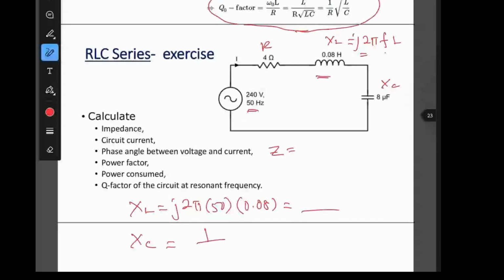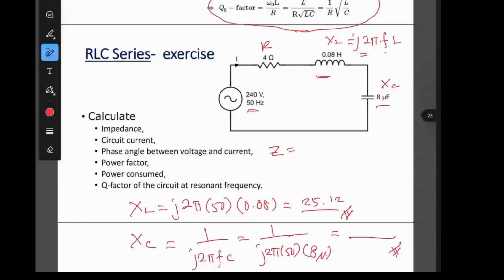So XC is equal to 1 over J 2 pi FC, which is equal to 1 over J 2 pi 50. C is equal to 8 micro. This one is equal to 25.12.